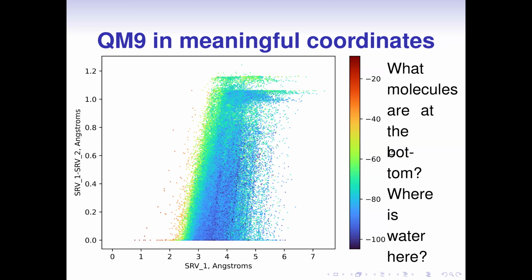Yeah, Marjan, please. These molecules that you have in this diagram, all of them have 3 edges, or what is the maximum edges? Maximum edges of a molecule. Yes. Okay, so I'm not sure about maximum edges, but I think maximum number of atoms is around 30. 29, if I remember correctly, but it's called QM9 because it contains up to 9 non-hydrogen heavy atoms.